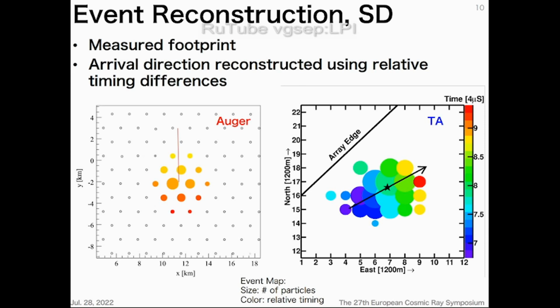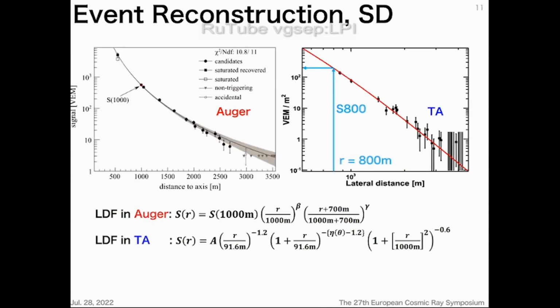Then we perform the lateral distribution fit to obtain the S1000 in the OJ case and the S800 for the TA case. The difference in the shower distance from the shower axis depends on the array configuration and the detector differences.